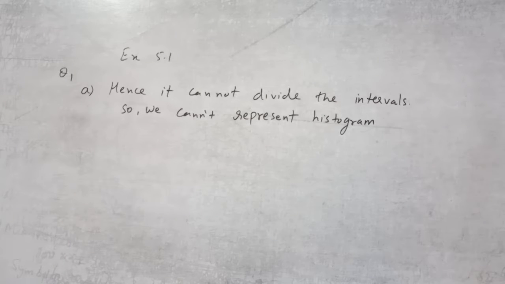Now we are moving on to B1. In B they have told the height of a competitor in an athletic meet.